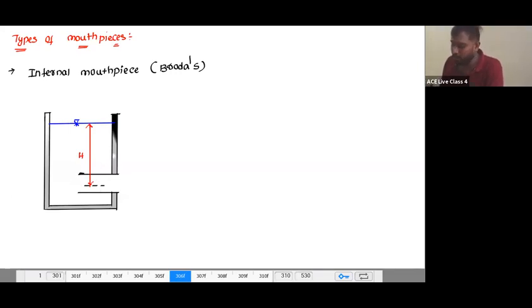Here the vena contracta forms right there, and whatever jet goes out, it goes out with the same area. So here the CD value is equal to 0.707.